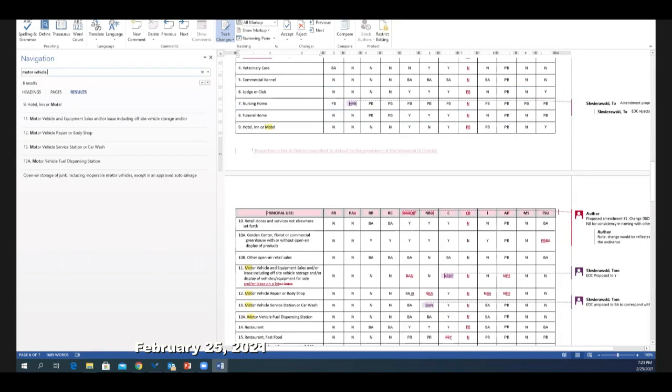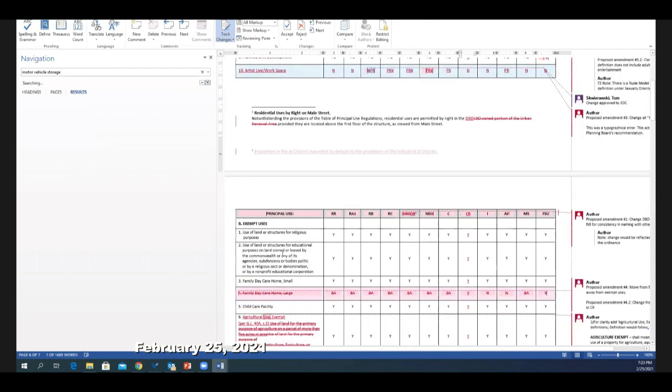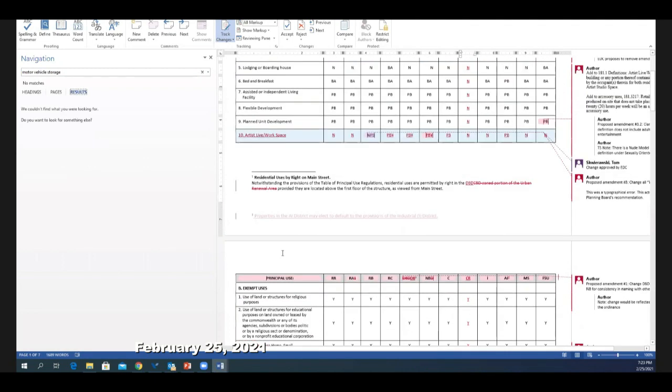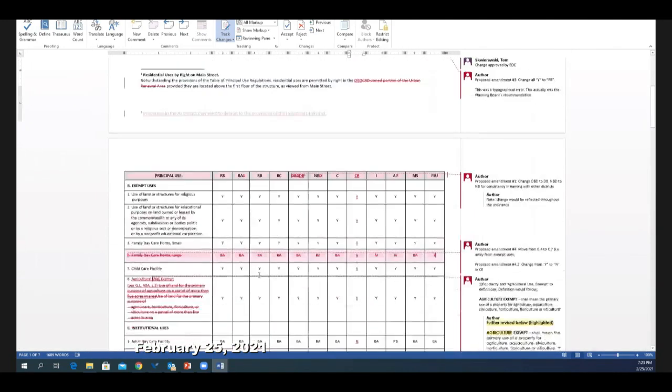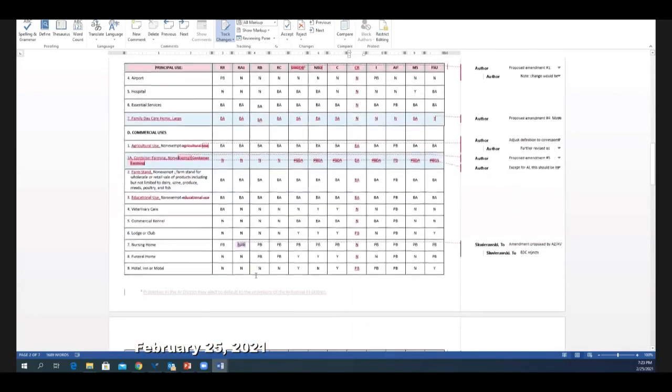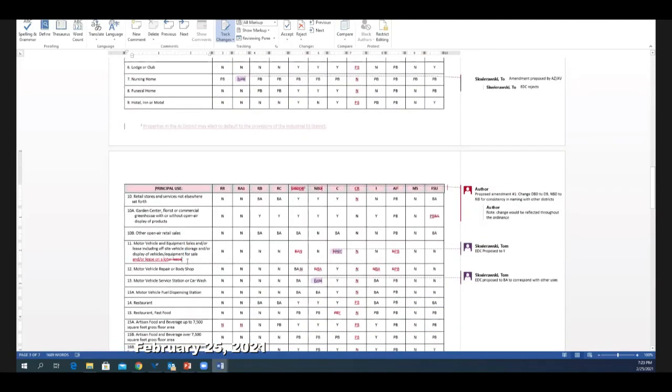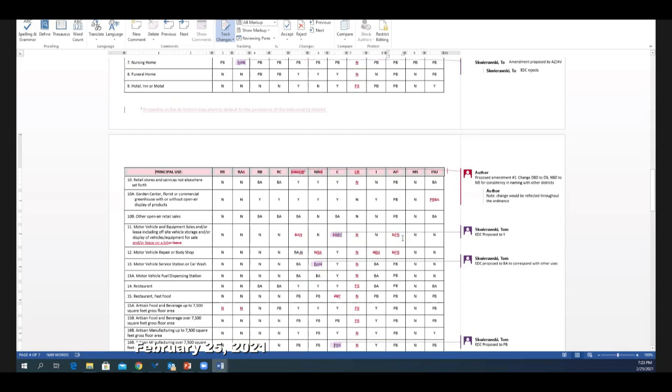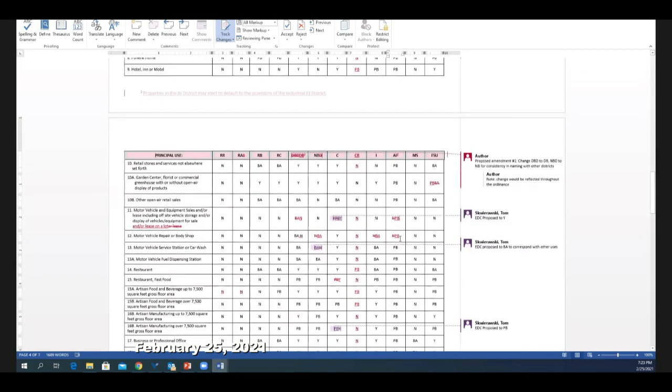I think it's 11, Tom. Motor vehicle equipment sales, including off-site vehicle storage. Oh, okay. Thank you, Mike. So it's PB here. Right. So the planning board, when they made their recommendations, did the same thing that you all did, essentially. And that's one of the changes they proposed.